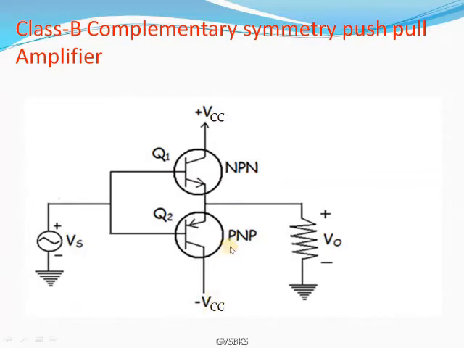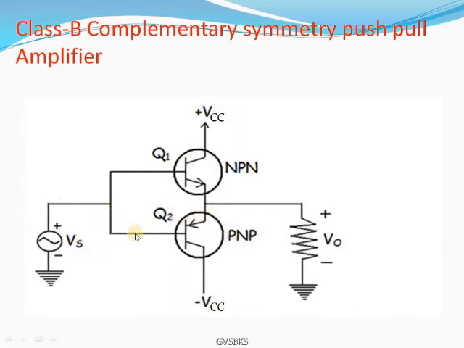During the positive half cycle of input signal, Q1 will be on and Q2 will be in off state, because in the positive half cycle, the NPN transistor will be on and the PNP transistor will be off.